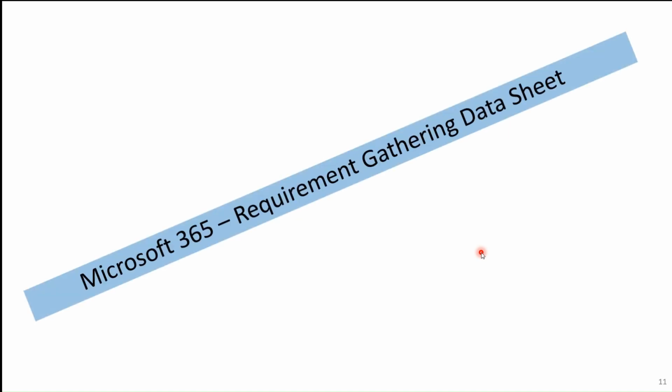The second thing I will talk about is requirement gathering. When you go to a customer and you want to onboard them, the first thing is that you need to gather data. What is their ask? How are they going to access the mails, what mailbox size are they looking for, what storage are they looking for, what productivity tools are they going to access?